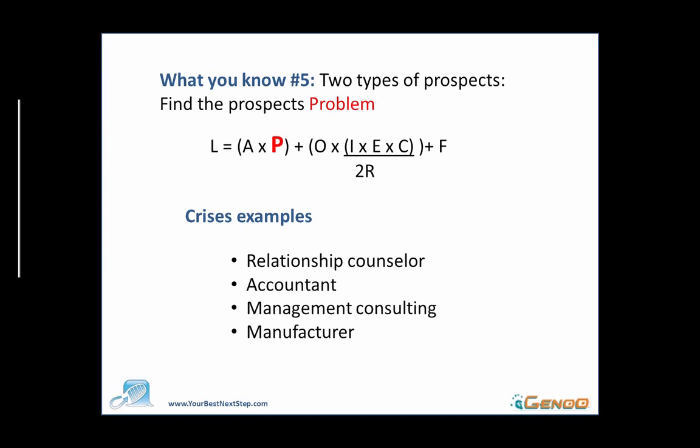Let's look at management consulting. One of their prospects might be in a crisis when they hit some bad public relations. They've got some bad press out there and they need to take action. Again, this could be a case where somebody says, you know what, I don't really want to do that as a high pressure situation. I am much better at working with leadership development.